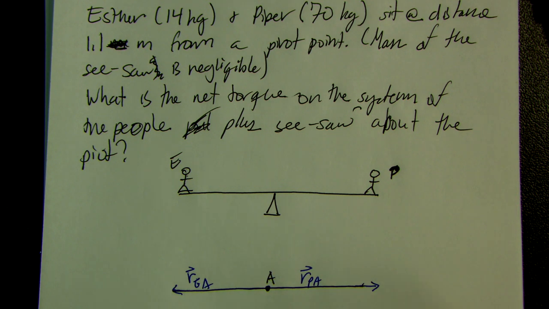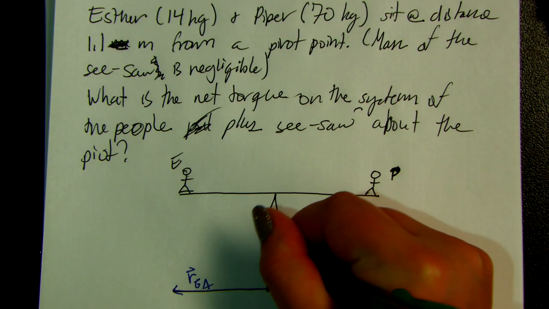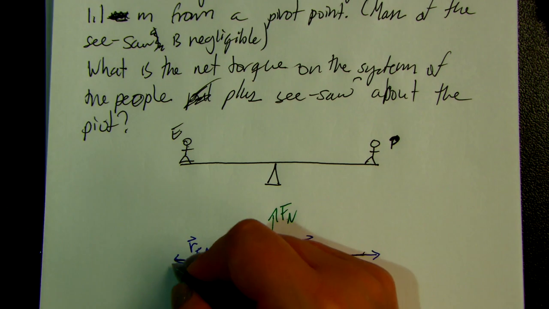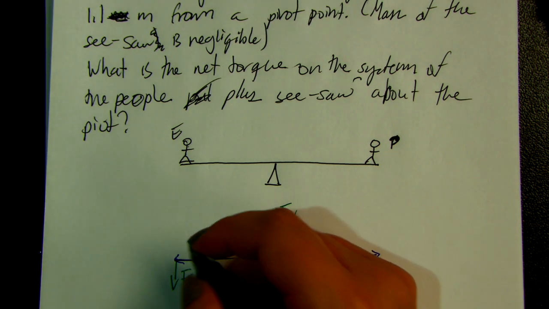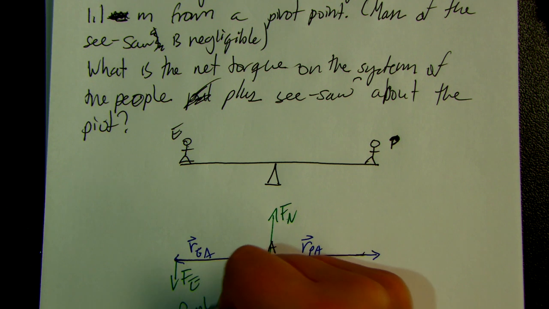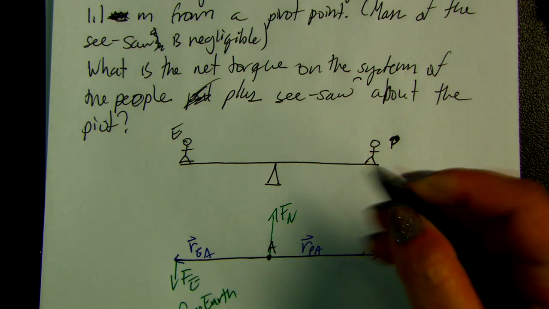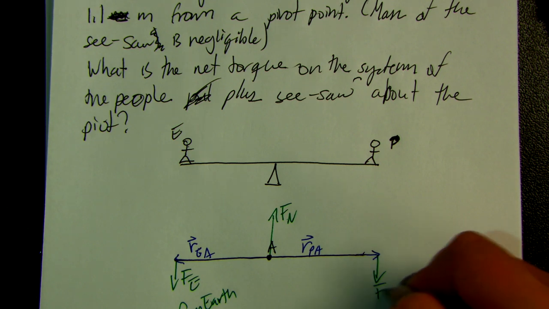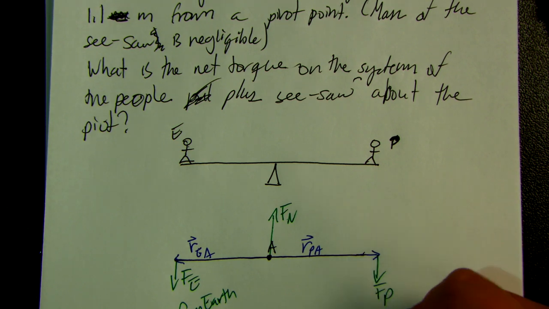And if we were to continue up with our force diagram, we would see that there would be a normal force pushing up from the pivot point and the force of gravity pulling Esther down. And there would be a force, excuse me, of gravity pulling Piper down.